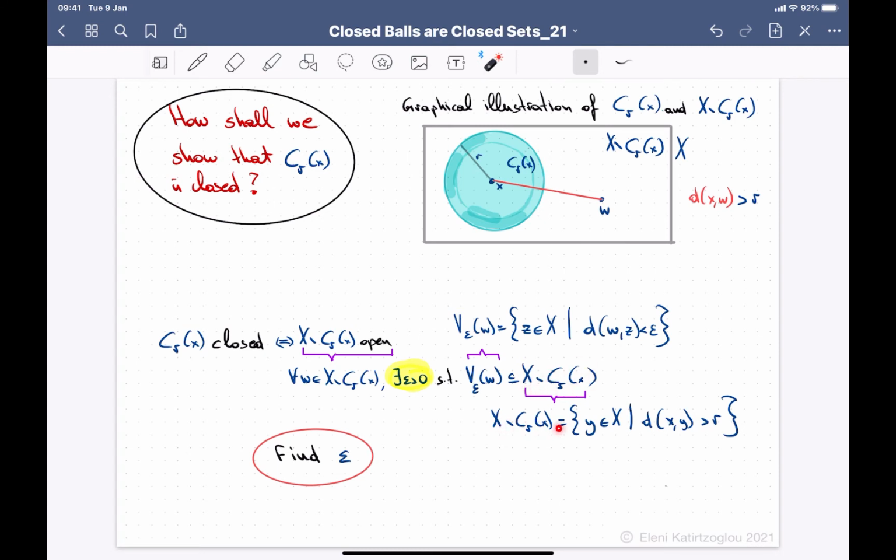The closed ball, we said it is this set. The epsilon neighborhood of W is this set.